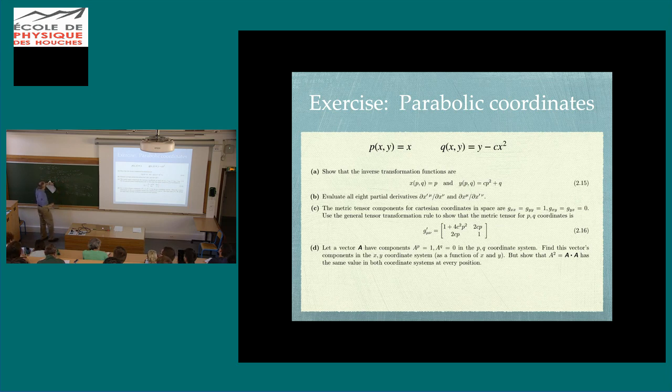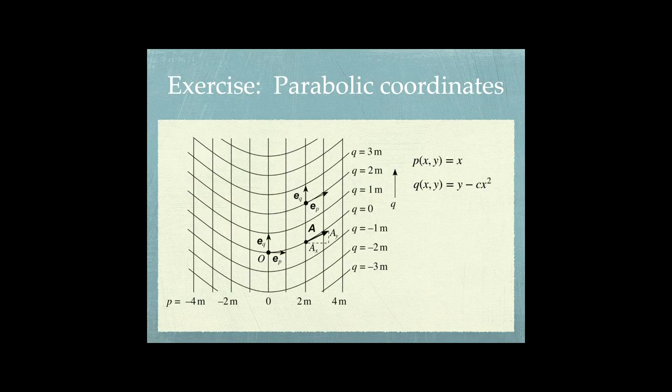So dy/dp is 2cp times 1, and the other term is still 0, so this becomes 2cp. So this vector, which looks constant, is actually, in the xy coordinate system, got a y component that depends on p. Does that make sense?